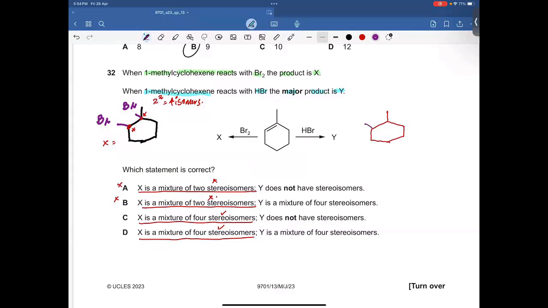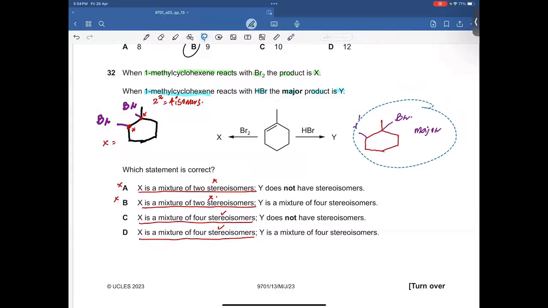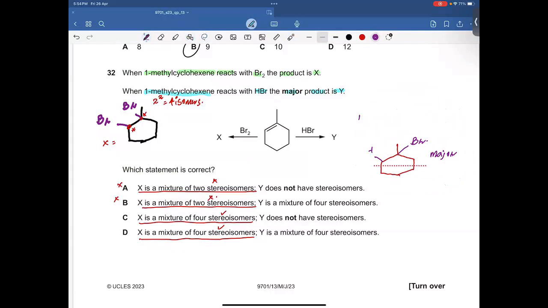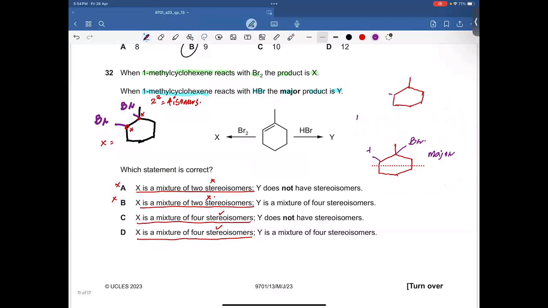So this is H and this is H. This is Br. So this is the major product, guys. I hope it makes sense to you. What could be the minor product of this reaction? The minor product could be like this. Wait, let me write the minor product as well.